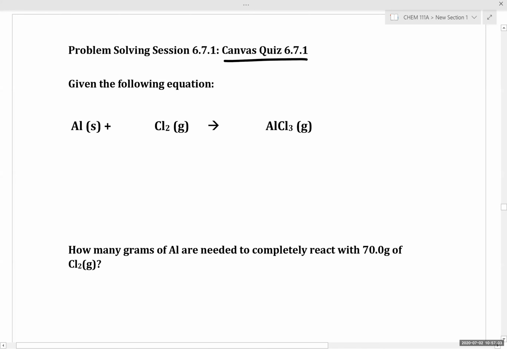Okay, so let's balance the equation. So on the left, we have 1 aluminum and 2 chlorines. On the right, we have 1 aluminum and 3 chlorines.